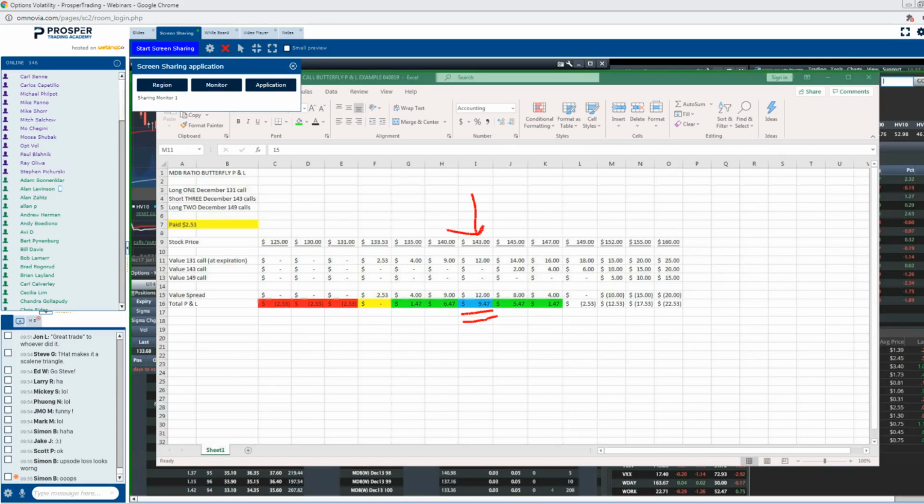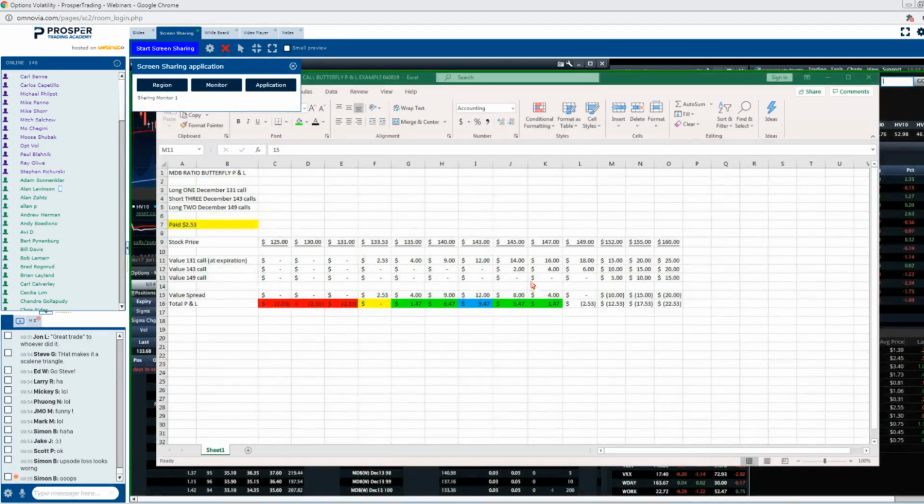Okay, so we still are going to make money all the way up to some point, but then it's going to level off because the short 3 options are going to take over for our long 1 option.